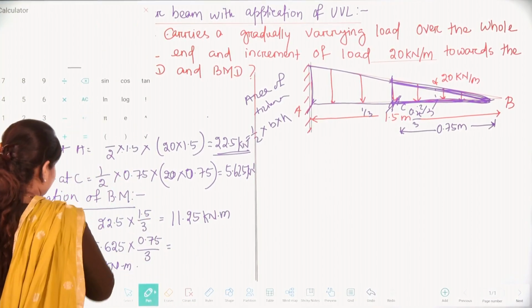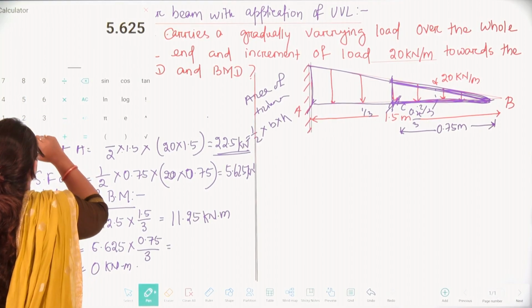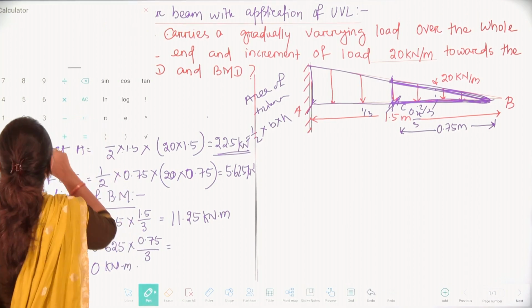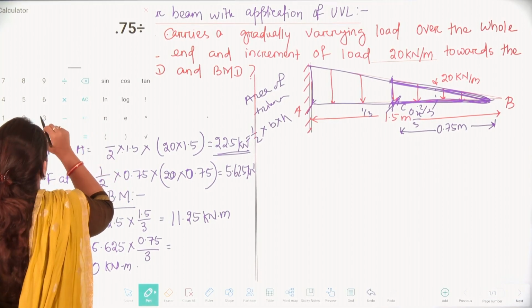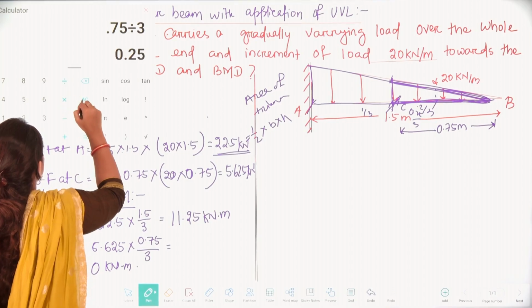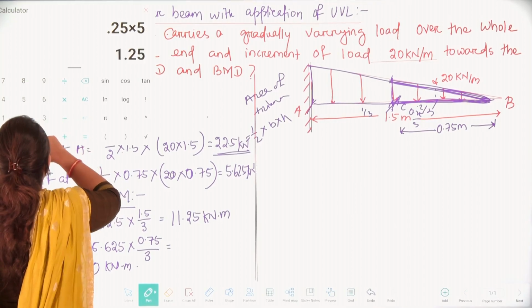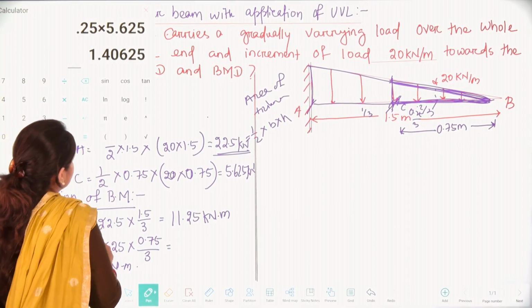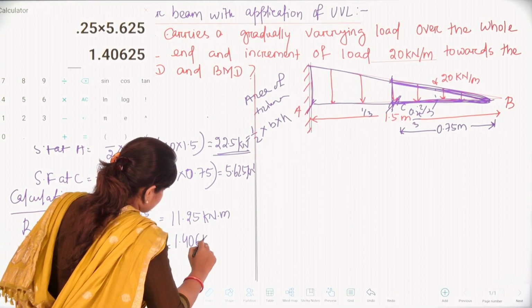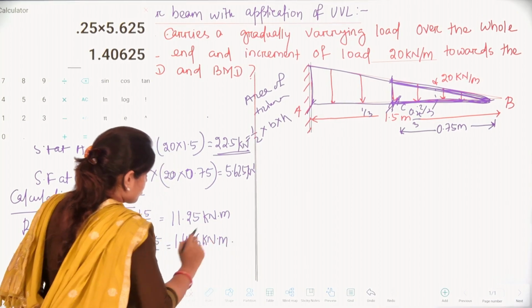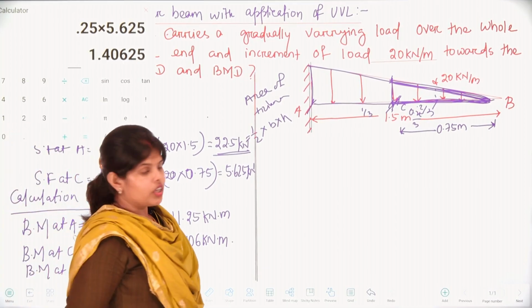Again, 5.625 multiplied with 0.75 divided by 3, which is 0.25, into 5.625. That will be 1.406. And the bending moment at B will be 0.